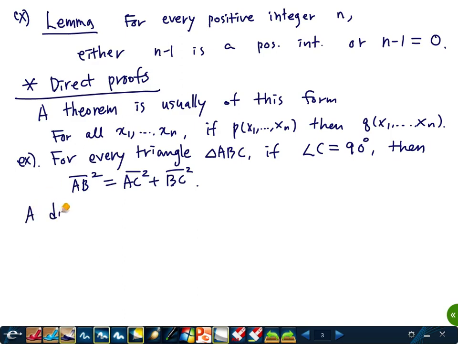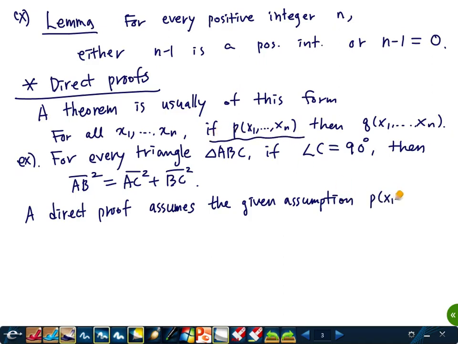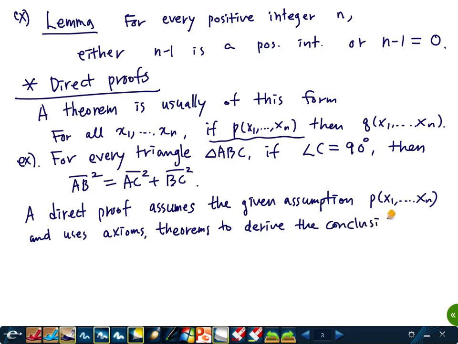So a direct proof assumes the given assumption. The assumption means this thing, p of x1 dot dot dot xn, and uses the axioms or theorems, existing theorems, to derive the conclusion, which is q of x1 dot dot dot xn.